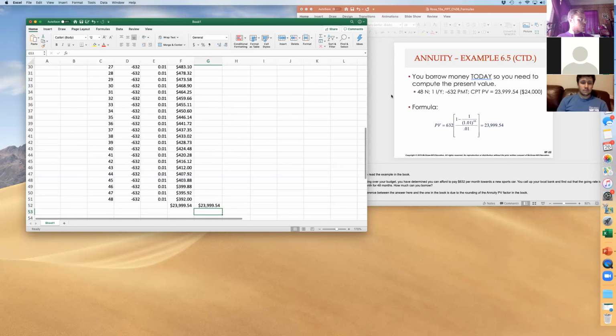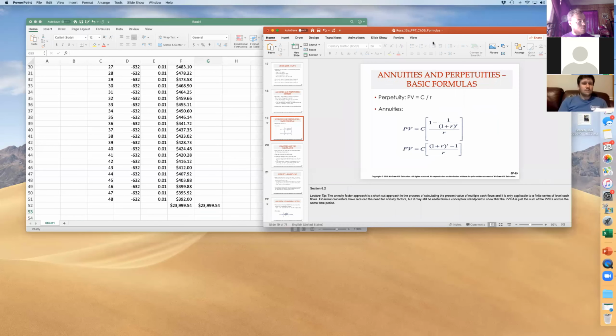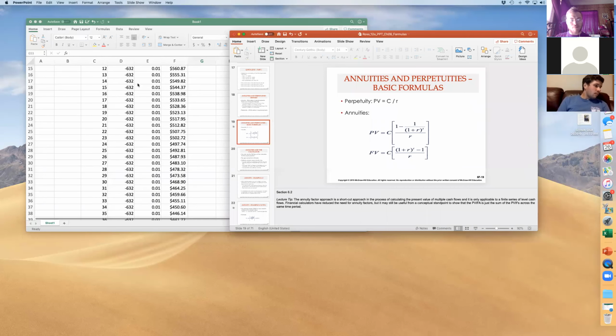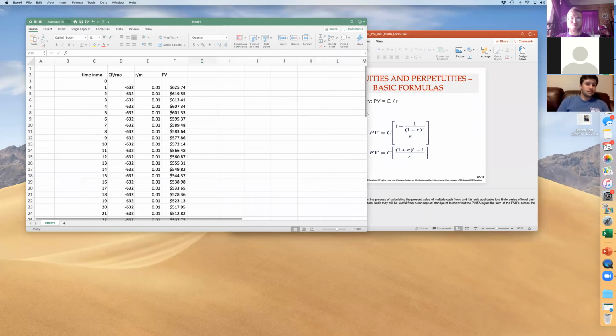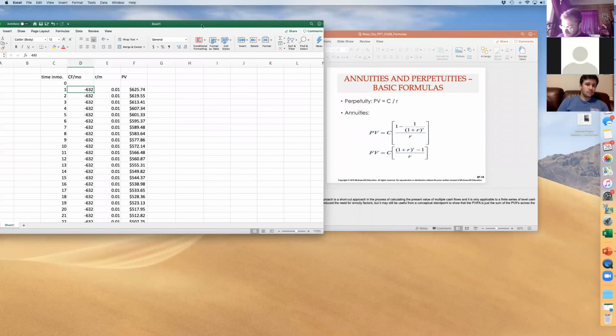All right, so you see this on the PowerPoint. There's this equation. This equation, if I put it into general terms, comes from back over here. If I were doing this on the whiteboard, I would actually be doing 48 separate present value calculations, starting with this very first $632 payment that comes in 1 month. So I would have 48 present value calculations.